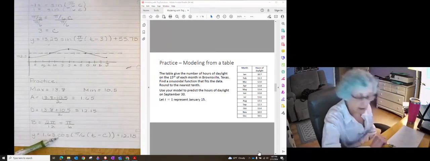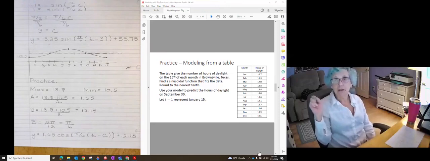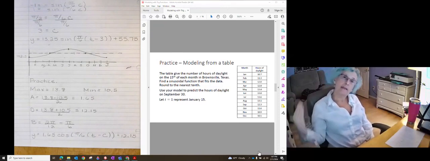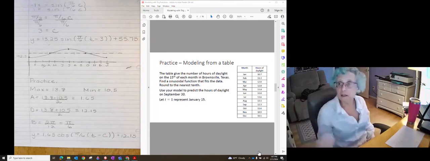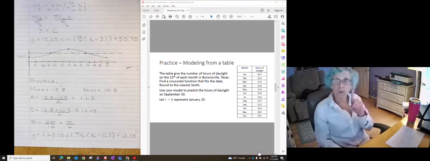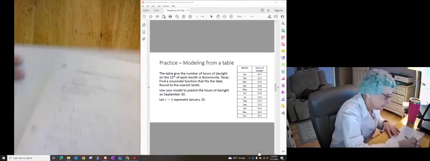Now I decided to go with cosine because if I go with cosine, I can just locate the max, and wherever the max occurs, that's going to be my phase shift. And my max occurred in June, so if 1 represents January 15th, 6 represents June 15th.